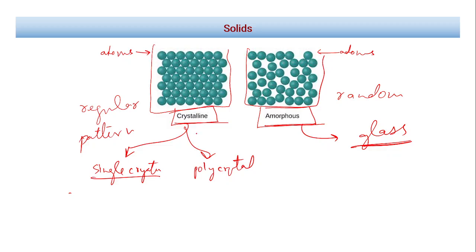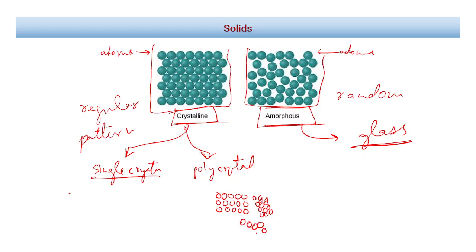But if instead of this arrangement being throughout, the pattern is only in small portions, say in one portion of the material the atoms are arranged like this, and after some time they are arranged like this, then after some time their direction changes.